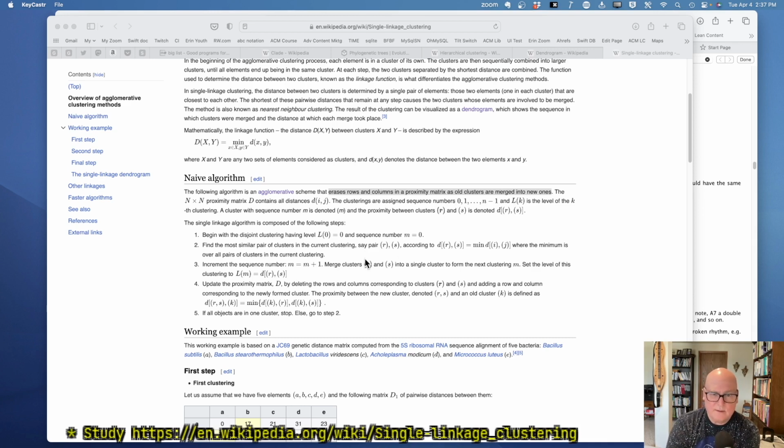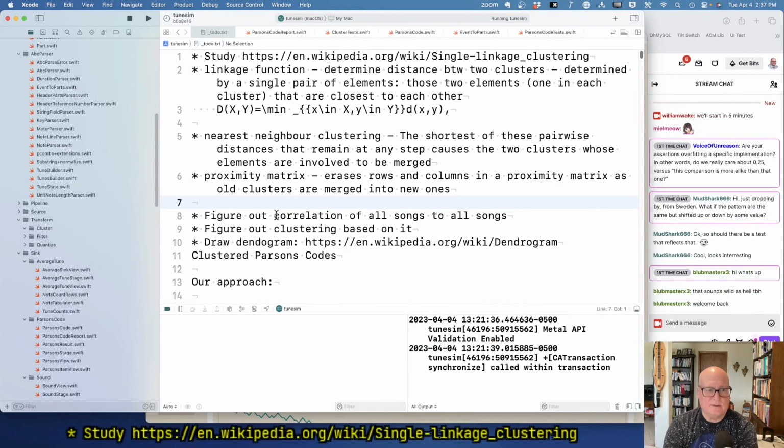Okay. So it's got a sequence number, a level, and a set of elements, which could be clusters. Cluster contains a sequence number, level, and I don't know, contents, children.